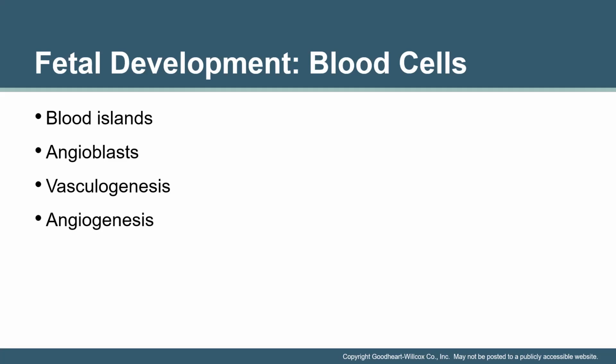In this early stage, something called vasculogenesis is happening and is the main process for blood vessel development. The vessels are then developed through the process of angiogenesis, which is the formation of vessels from pre-existing vessels. Angiogenesis will continue after the baby is born and continue through old age.